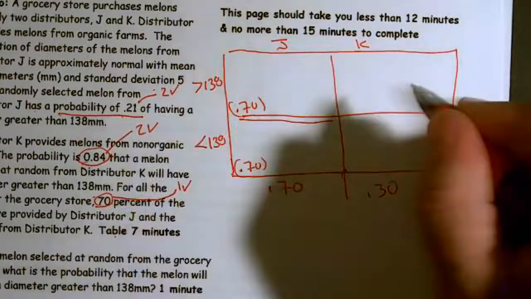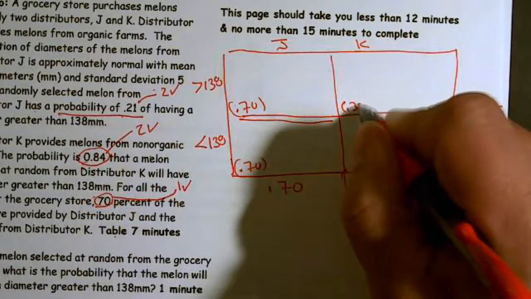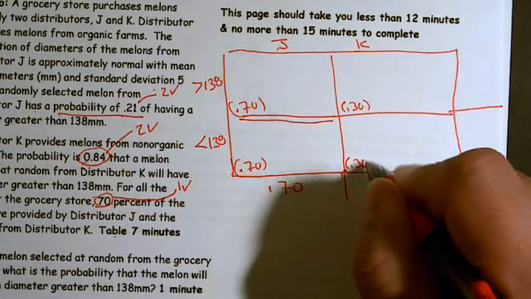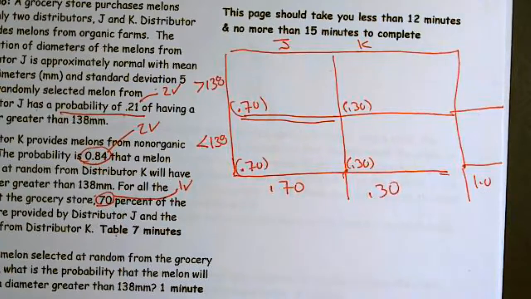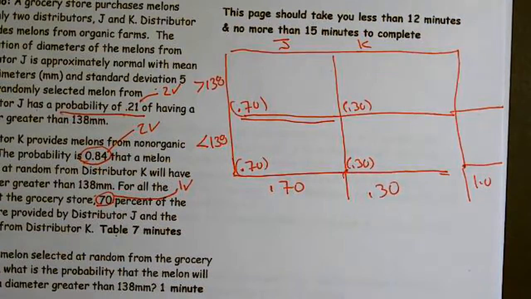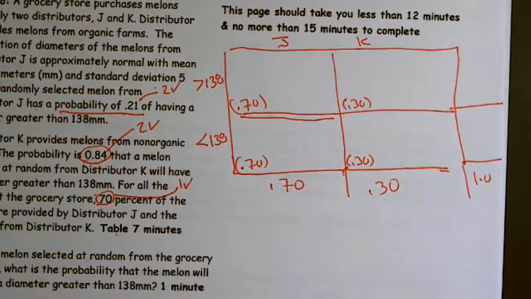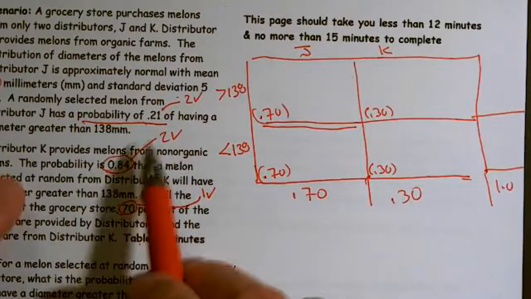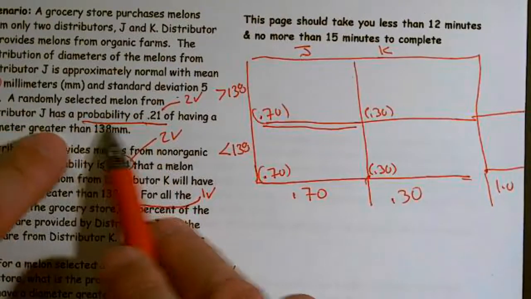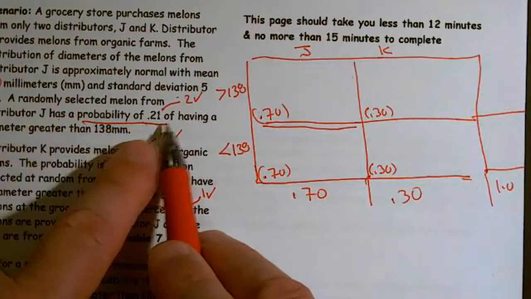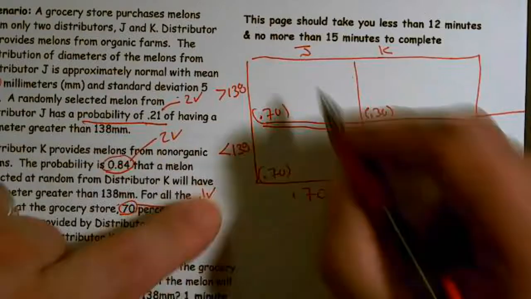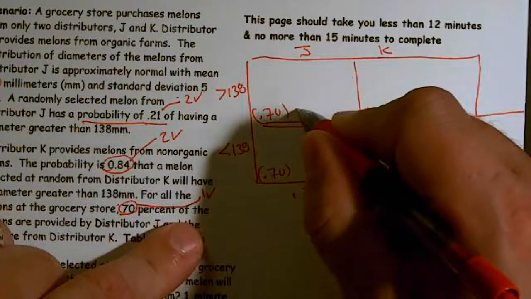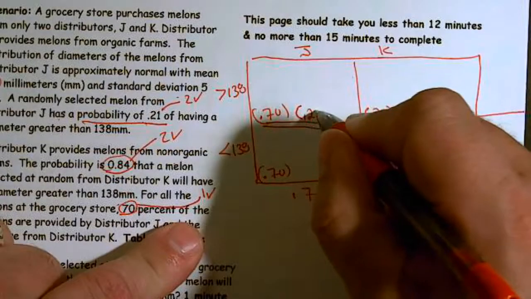Now, a lot of you all did not do that. And if you didn't do that, you did not receive credit for showing your work, because I have to know where that comes from. So then I need to go back and look at my problem. A randomly selected melon from distributor J has a probability of 0.21 of having a melon greater than 138. Oh, that means that this right here is going to be 0.21.